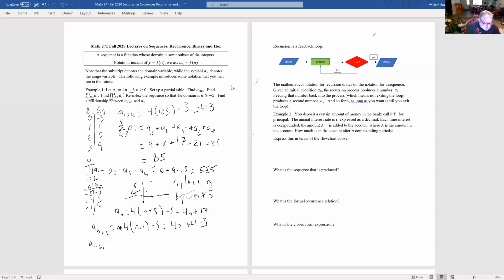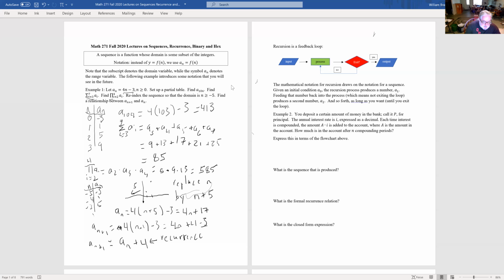So a_(n+1) equals 4n minus 3, which is a_n, plus 4, right? That is, plus 4. This is called a recurrence relation, because what it does is it gives us recurrence.